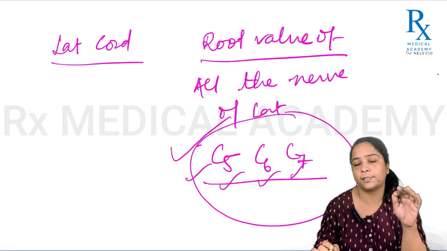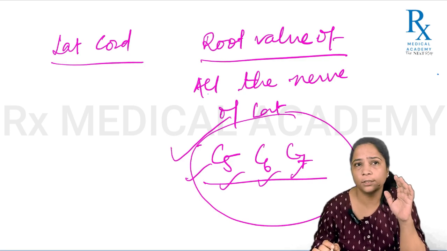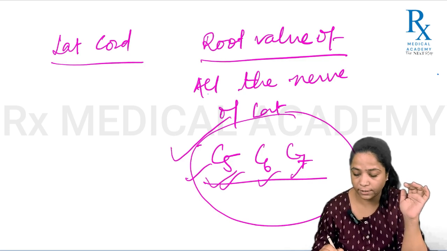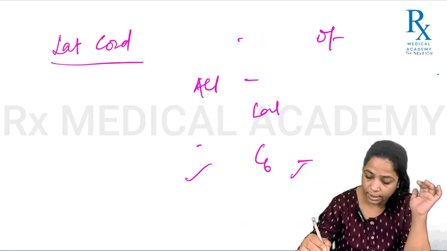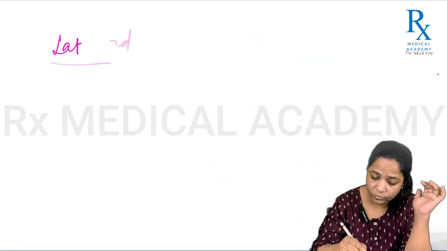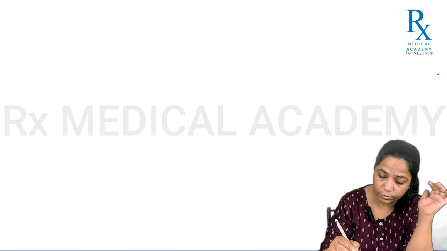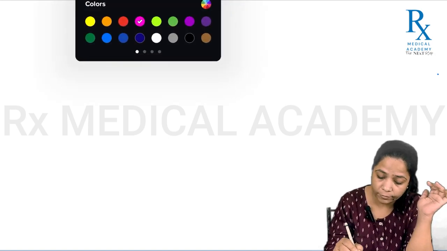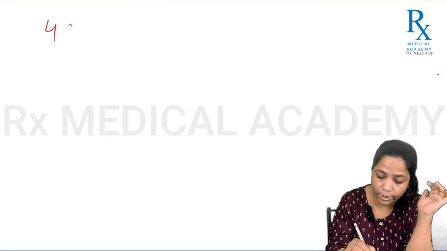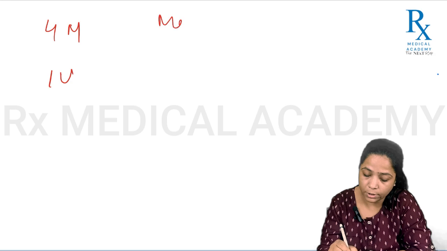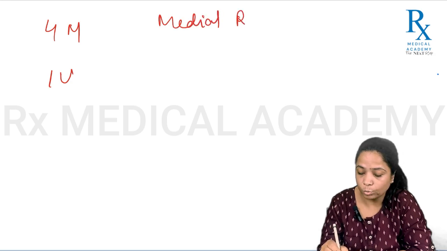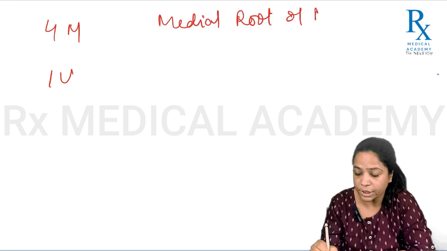So all the nerves arising from the lateral cord share the same root value, that is C5, C6 and C7. Now coming on to the branches of the medial cord. In the medial cord we have branches like 4M and 1U. The 4M stands for the medial root of median.